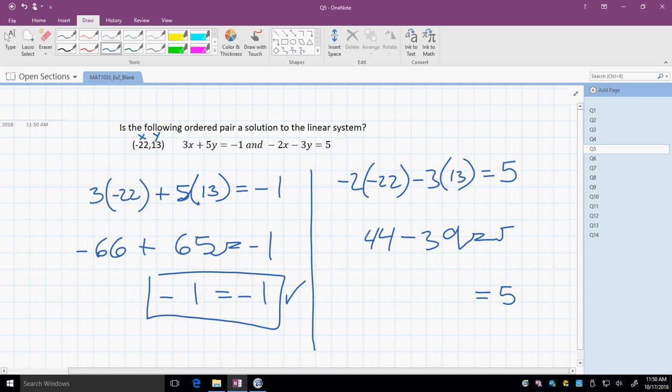The largest is 44, which is positive, so our answer is going to be positive. 44 minus 39 is 5. So it gives me 5 equals 5, which checks. That's correct.